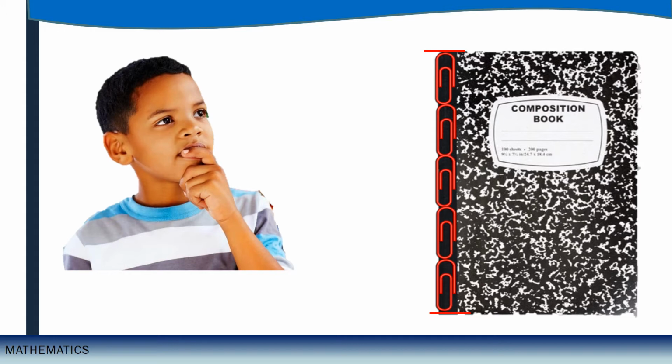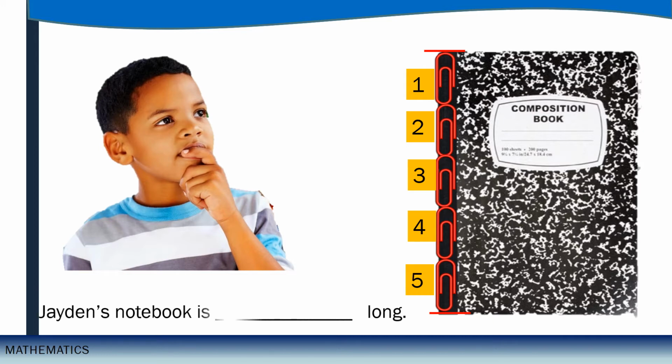The next thing Jaden did was to count the number of paper clips he used to measure the length of his hardcover notebook. Count with me. 1, 2, 3, 4, 5 paper clips. Then Jaden wrote down how long his notebook was. So we can say Jaden's notebook is 5 paper clips long.